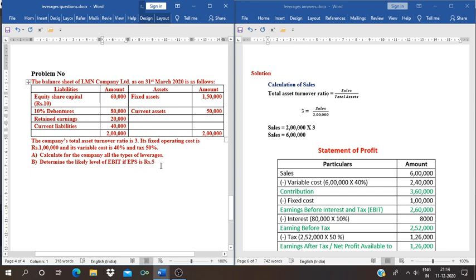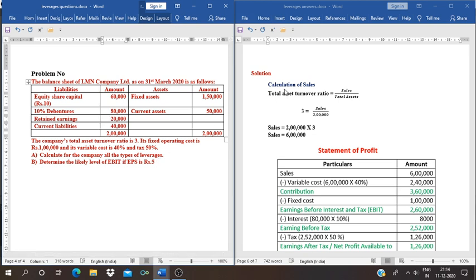See, in the previous problem, what we have done: first we calculated the sales, then the statement of profit, and then calculated the leverages and EPS. Here we have to follow the same procedure for part A, but for the second one we have to go in the reverse order. I will tell how to do that.